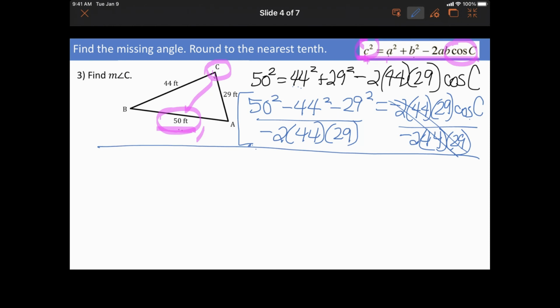All right, so let's do it with the numbers. So that's 2,500. Similar to when we're looking for a side, you do each of those first.